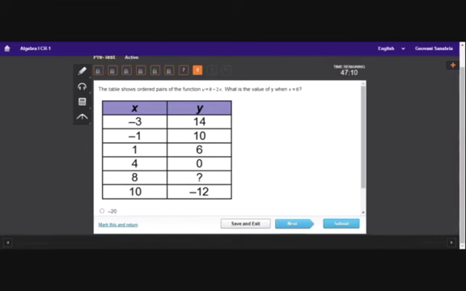Do you understand what I'm saying or no? No, I was wondering. From what I see, the table of ordered pairs of the function shows y equals 8 minus 2x. Yeah. Oh, okay.